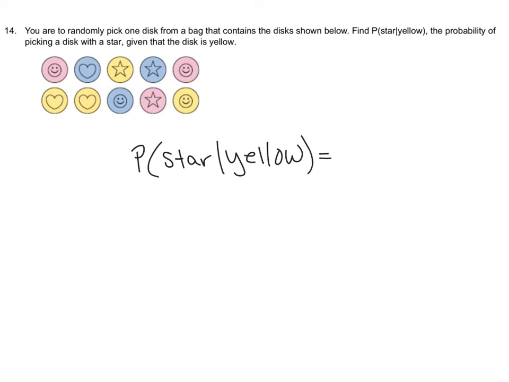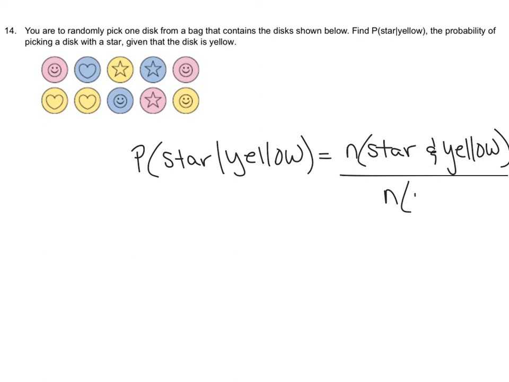The formula for this is the number of times that a star and a yellow disc appear, so that's the intersection, divided by the number of times yellow appears, which is our second event in our conditional probability.